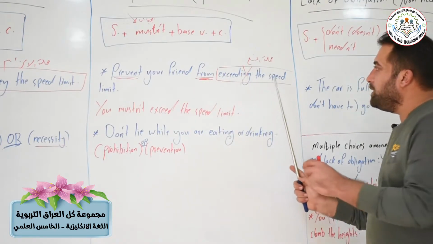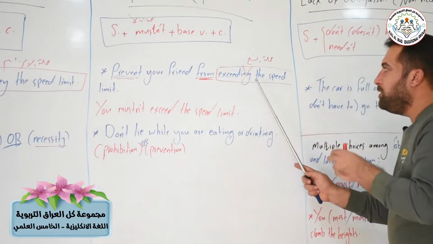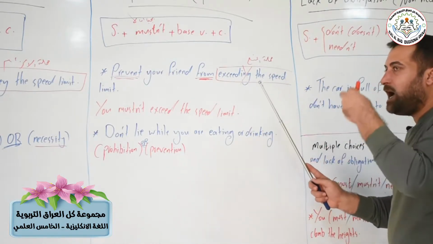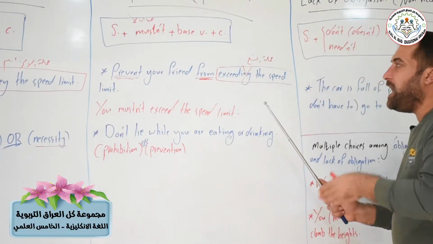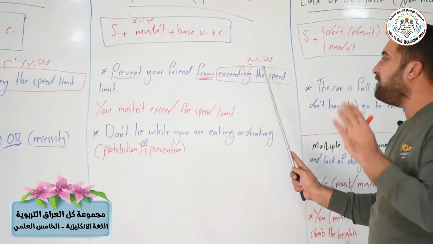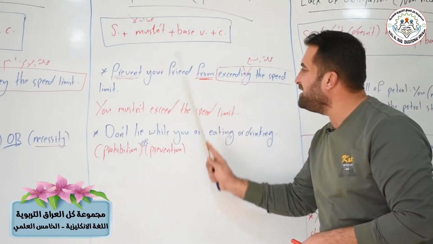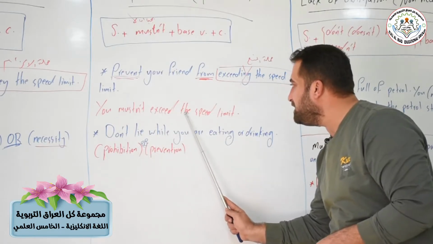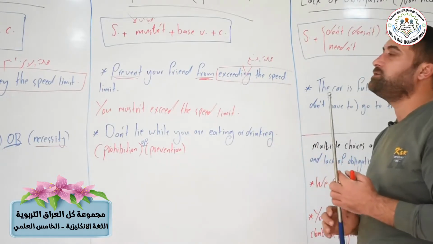When we choose the sentence after the preposition "from" without ing, we need to delete any ending, any addition, and use it after the modal mustn't. You mustn't exceed the speed limit. This is the first form of prohibition or prevention.